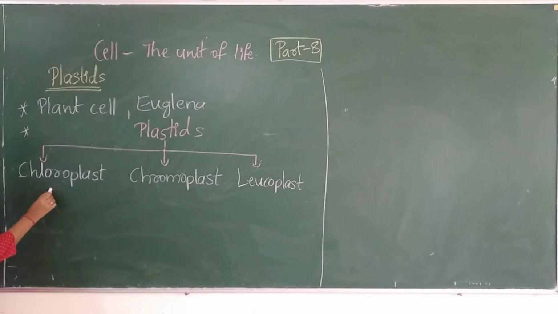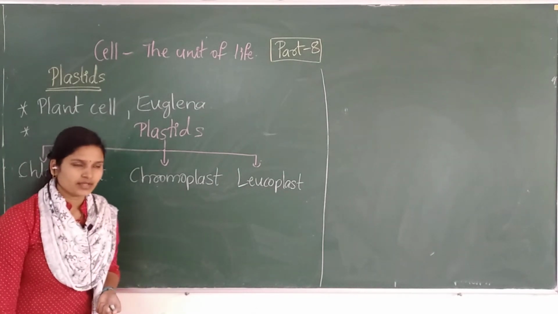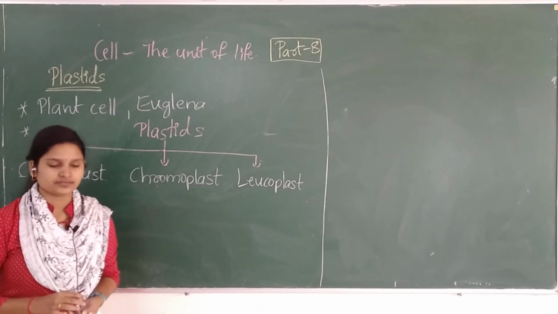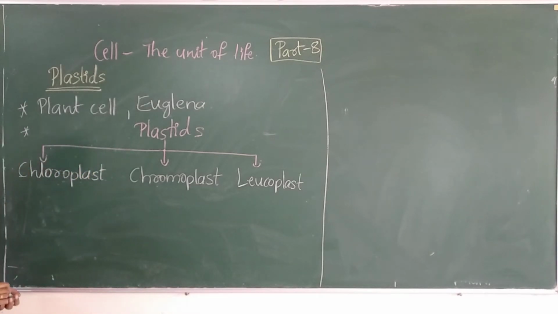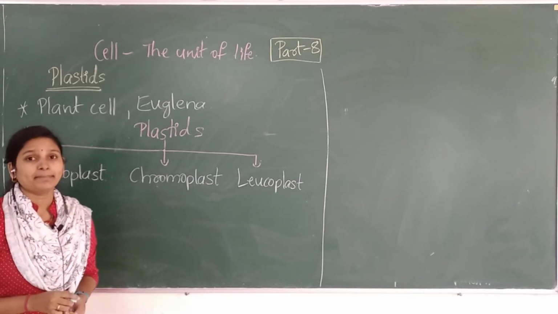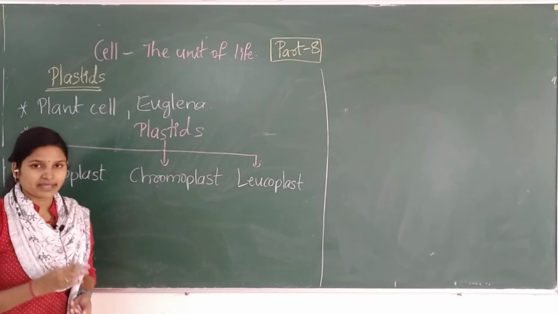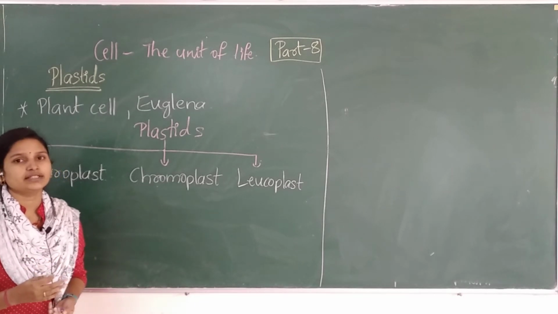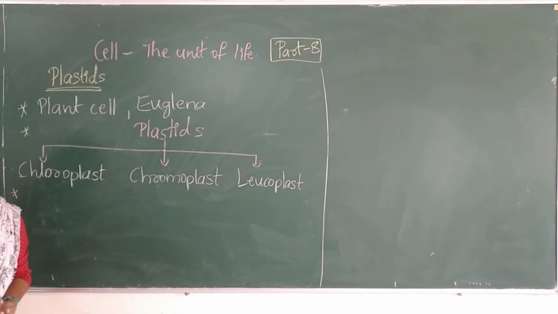So tell me, what is the purpose of chloroplast in a plant cell? These are the pigments which are helpful in giving green color to the plants.